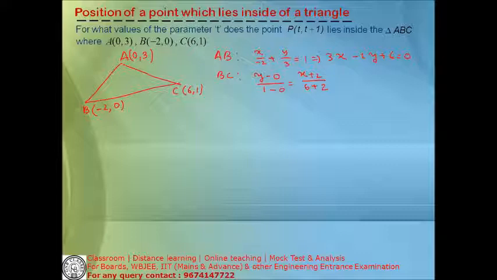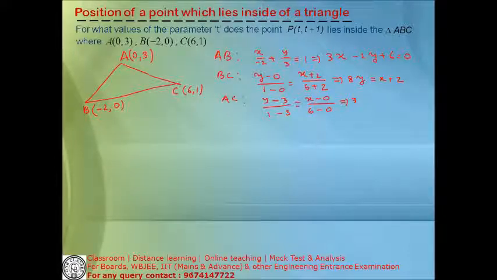So we are getting basically this is the equation of the side BC, and the equation of side AC, again we are applying the two-point formula, (y minus y1) by (y2 minus y1) equals (x minus x1) by (x2 minus x1). So we are getting something like this.